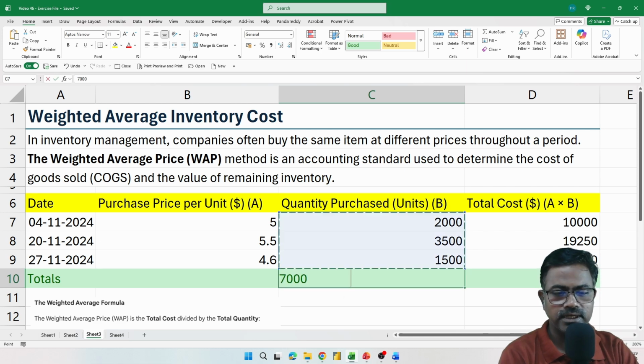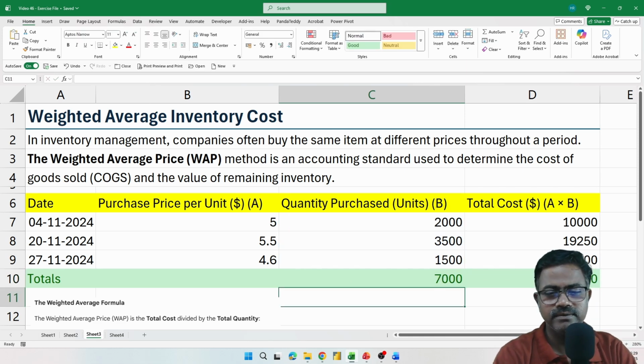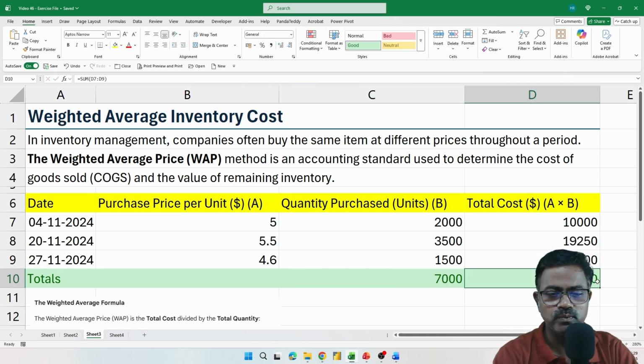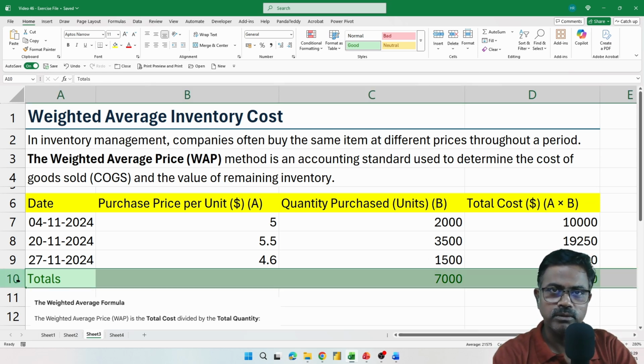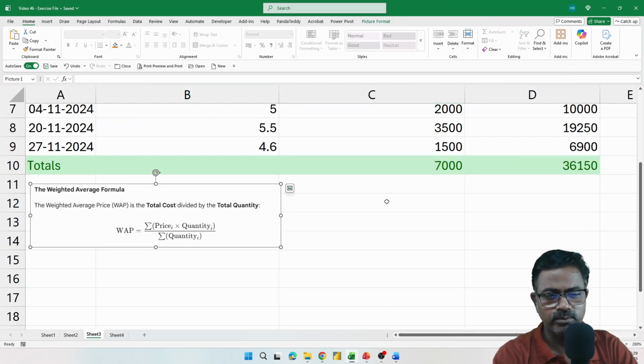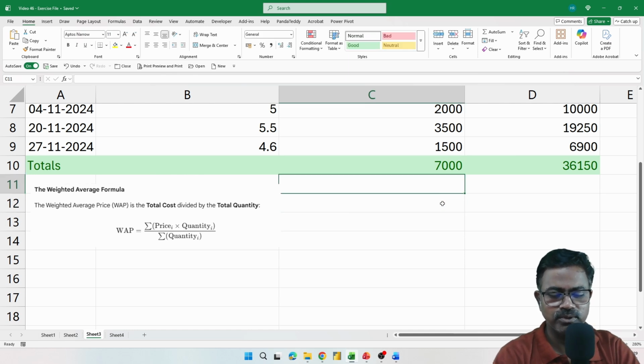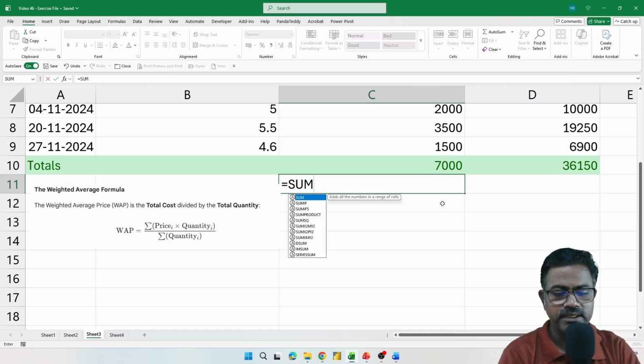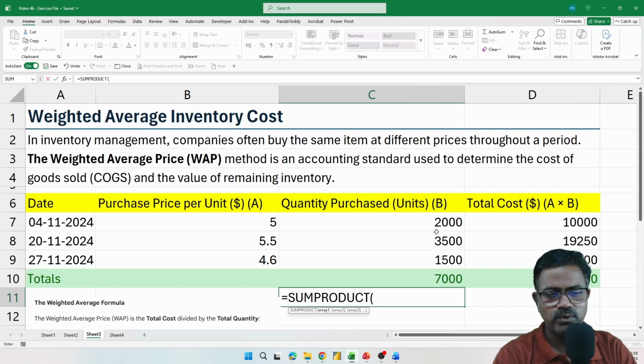I can do it by writing this formula and dividing these two values, and I can get the result. But can I do it without creating this last column? Absolutely yes. What I'm going to show you right now is, look at the formula I've given at the left side. I'm going to go ahead and use sum product. Which two arrays do you want to multiply?